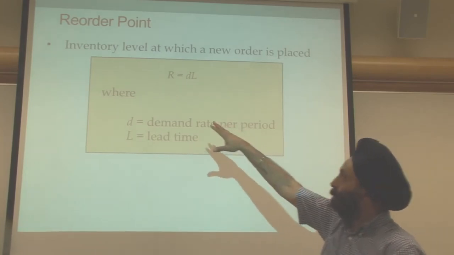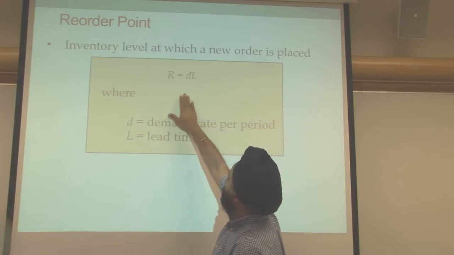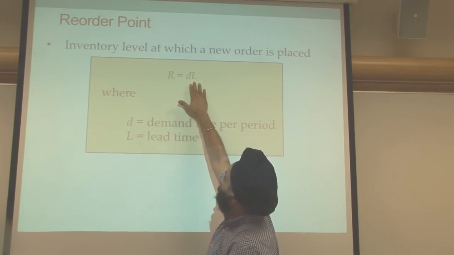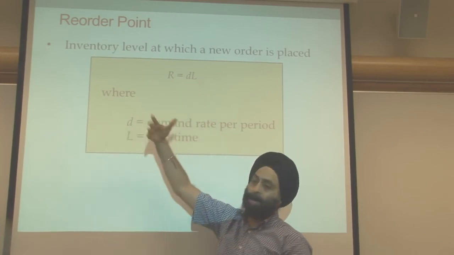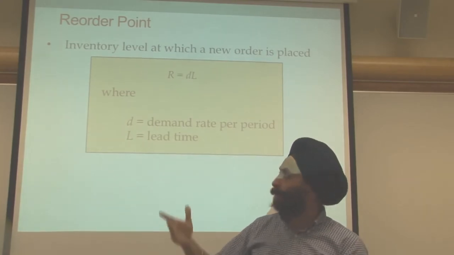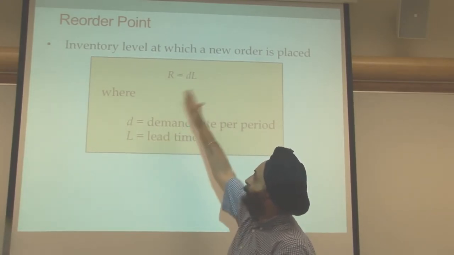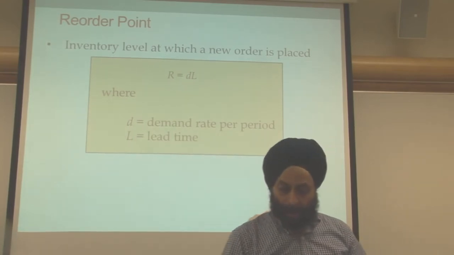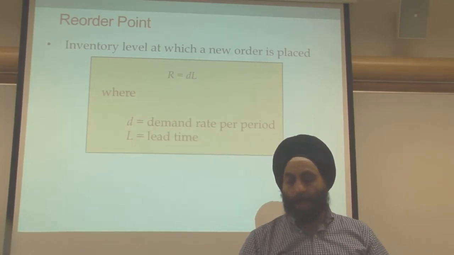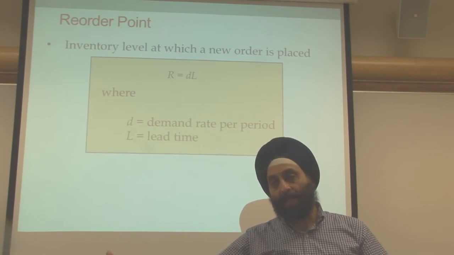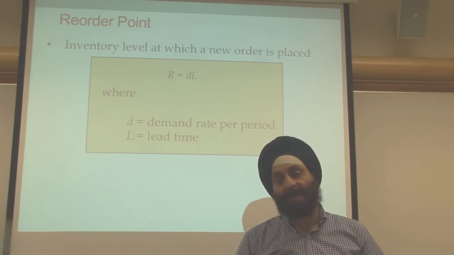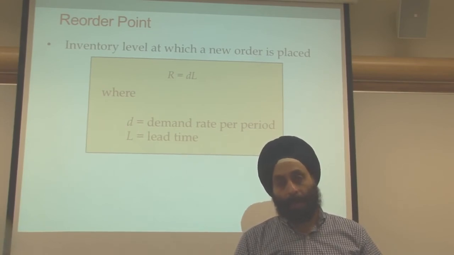So reorder point is typically demand per period multiplied by the lead time in the same period. If you have a lead time listed in days, you need to multiply that by daily demand. So if the lead time is 7 days, you definitely should have 7 days' worth of inventory.